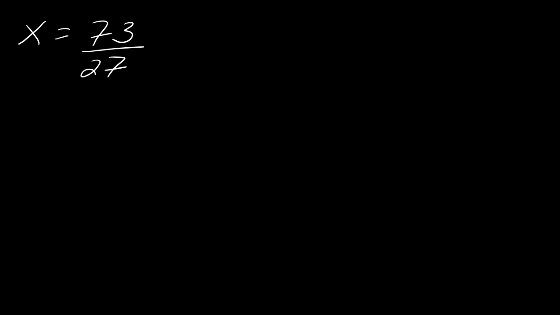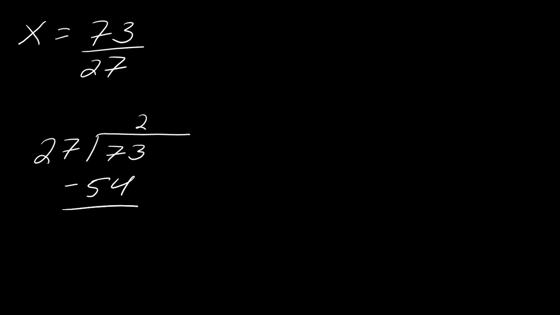So if you're allowed to keep things as an improper fraction, then this would be your answer. Now, in the event that you need to write this as either a mixed number or a decimal, let's just go through that calculation real quick too. So I'm going to have 27 goes into 73 2 times, okay? So you might have to do a little math to figure out what is 2 times 27, and that's okay.